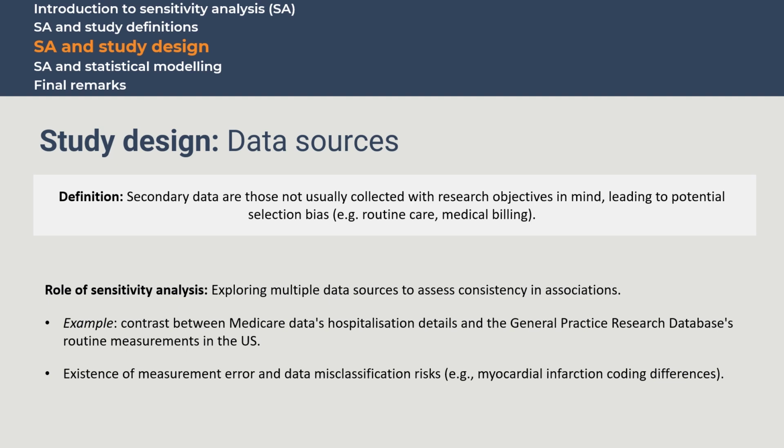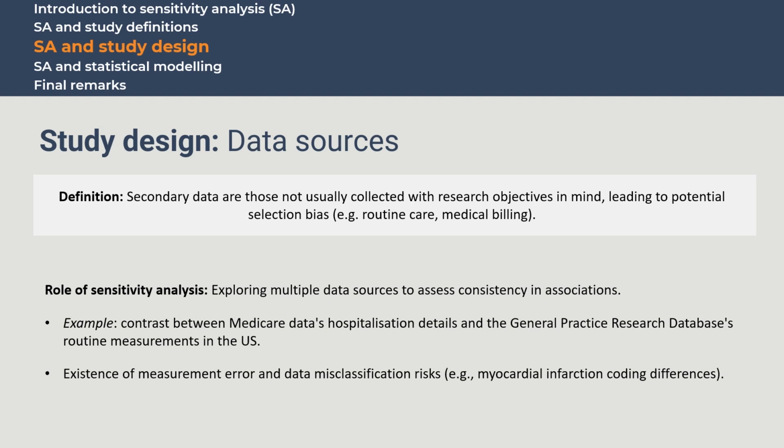On the other hand, the general practice research database has rich entries on routine medical visits but may not provide as comprehensive hospitalization data as Medicare data in the US. In this comparison, we could take the previous datasets and assess how selection bias and different operational definitions of outcomes affect our research results, as well as the existence of measurement error and data misclassification risks.